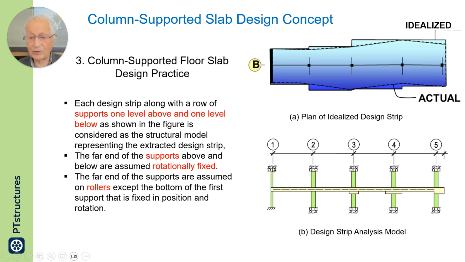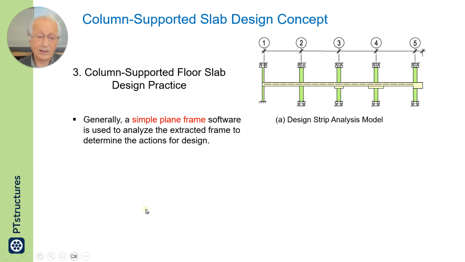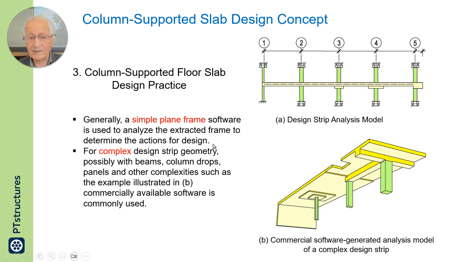You assume roller because you put post tensioning and you want the post tensioning to, so to say, create pre-compression in the slab, so they have to be on rollers. Generally, a simple plane frame software is used to analyze the extracted frame to determine the actions for design.